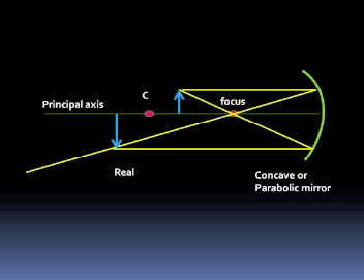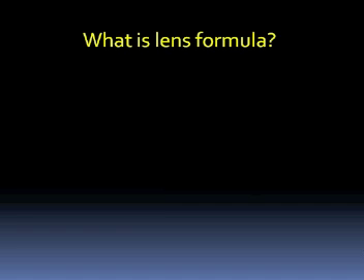If I can't find it on a screen, it is virtual. For example, in a flat mirror, it's a virtual image behind the mirror. Between the focus and this concave mirror, it's virtual. In this particular one, it is inverted, beyond C, and larger. That's how we describe that particular image.